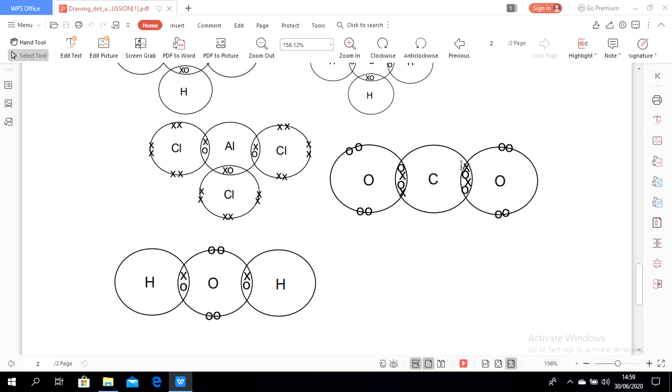Because the overlapping occurs with the same atom, we can count this overlapping as one bond. It looks like it has one bond. Okay, so the shape of this molecule is linear, 180 degrees.